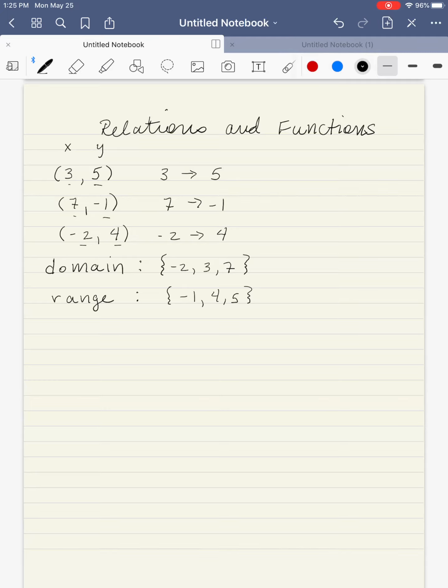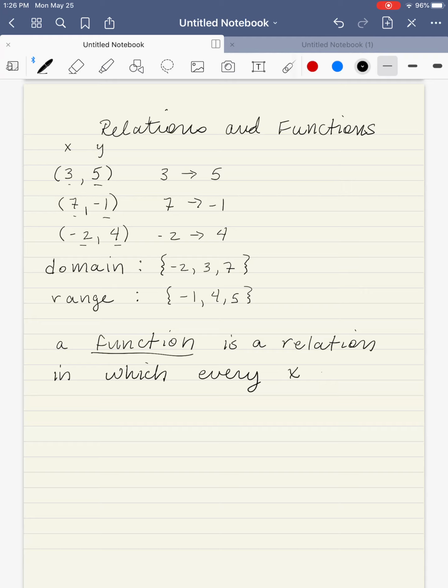We're going to be primarily interested in this class in functions. So a relation is any mapping from an x to a y, from an input number to an output number. But a function is a special kind of a relation. A function is a relation in which every x maps to exactly one y.